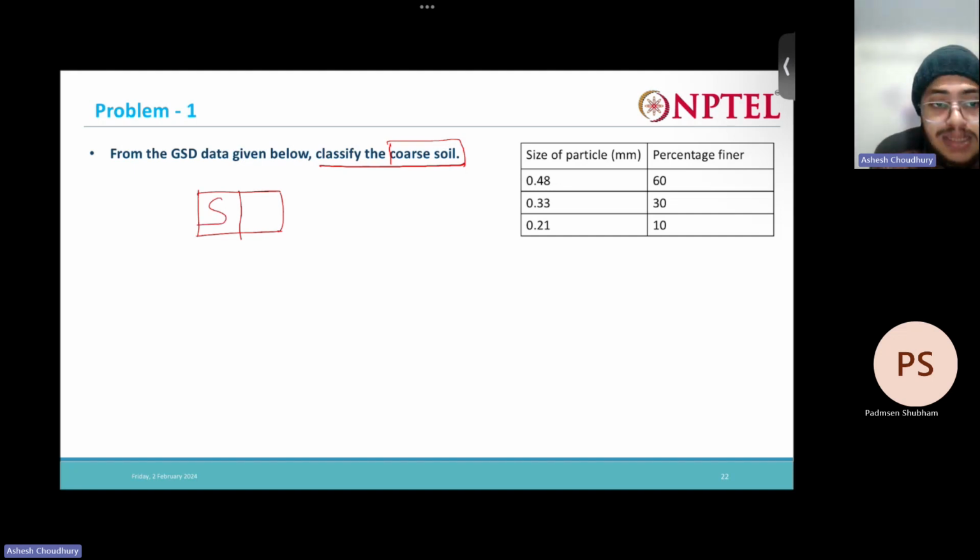Now what about the suffix? The first thing that we have to check is whether there is a fine fraction in this soil or not, and if so, what is the percentage finer?